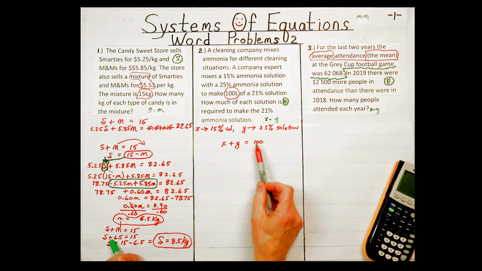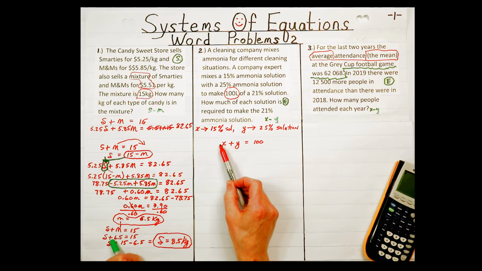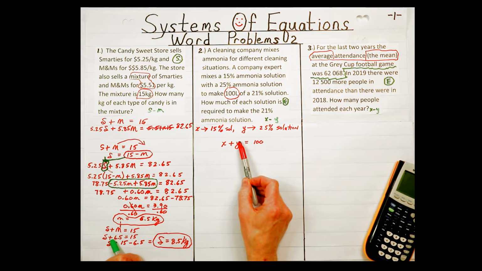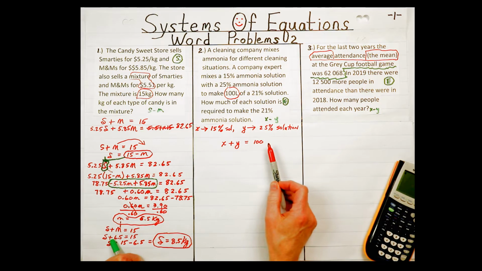Now, this equation has to do with the total solution. So it's the total number of liters. Total number of liters of the 15% solution, total number of liters of the 25% solution equals total number of liters of them together in the mixture.